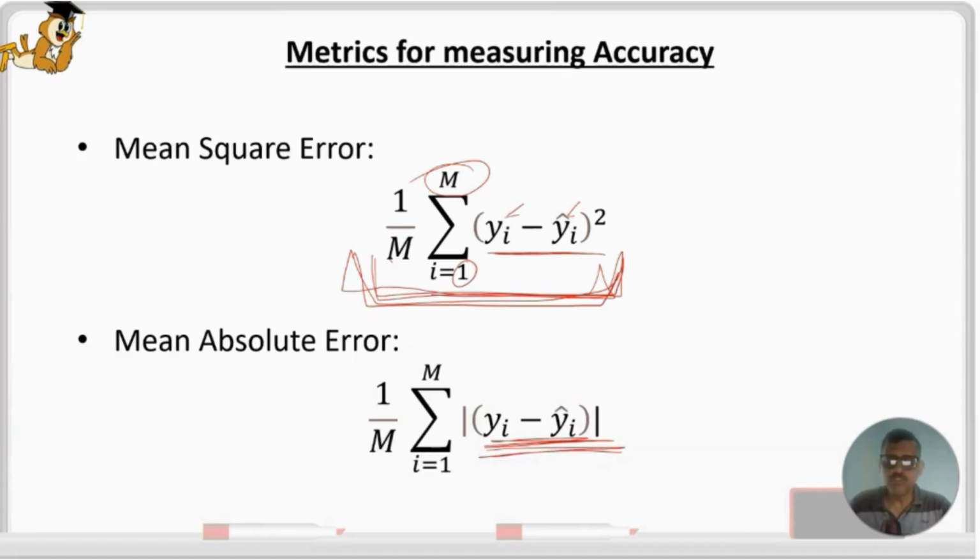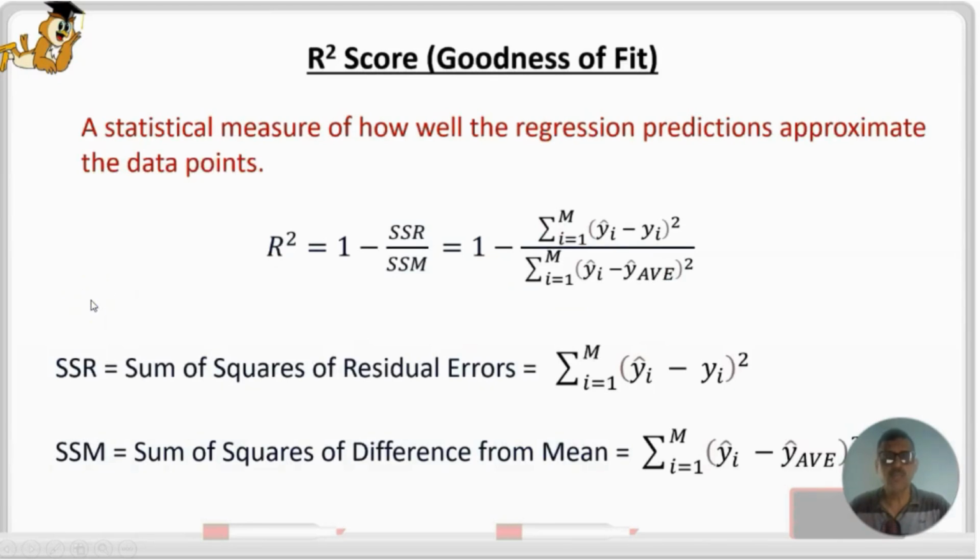But there are more sophisticated metrics as well, as you would have guessed. One metric that is often used to evaluate the efficacy or accuracy of the linear regression model is called the R-square score, also called the goodness of fit.